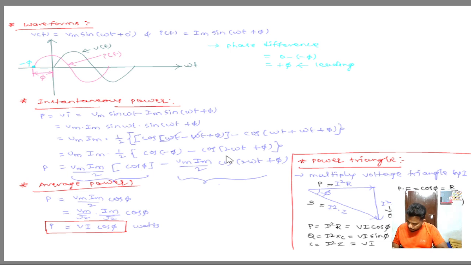It is volt ampere, VA. Is this clear? This is about the series RC circuit connected to AC supply. Is this clear, everyone? Thank you.